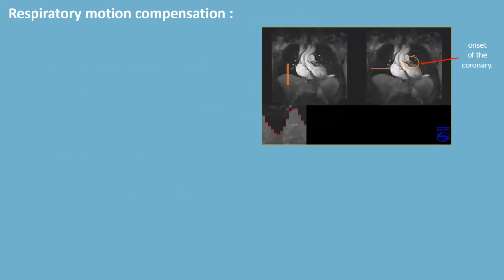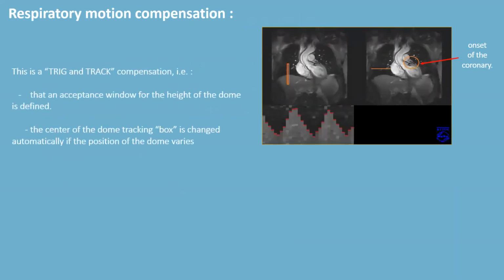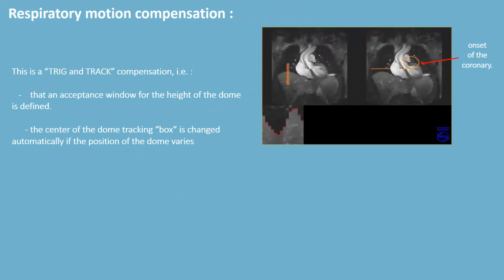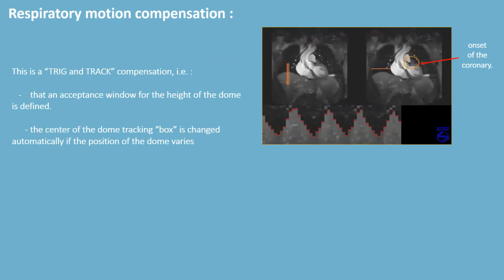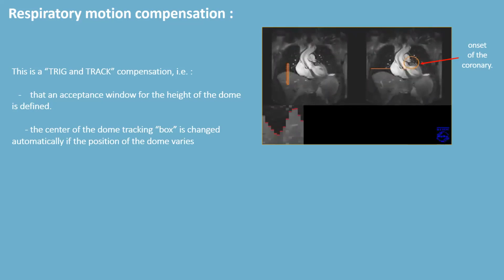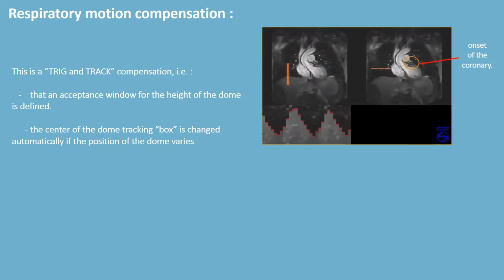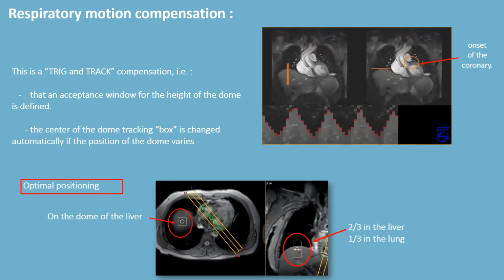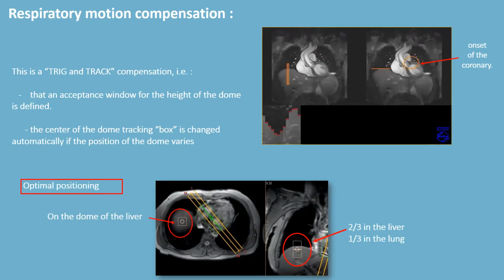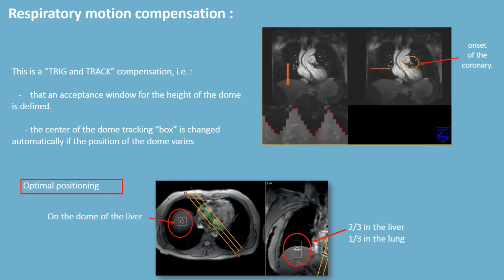Yeah, here we can see the onset of the coronary, and we can see the 3-track compensation. That's the acceptance of a window. Here we can see the window of the dome. The dome is defined, and the center of the dome box is changed automatically in the position. This is the optimal positioning on the dome. We can put the navigator in the liver.